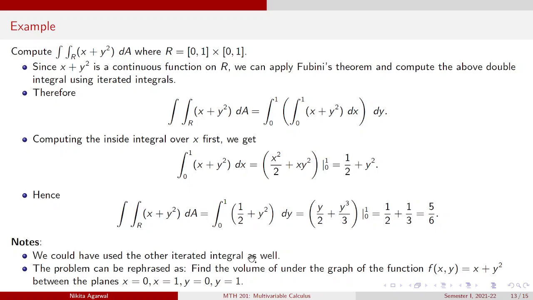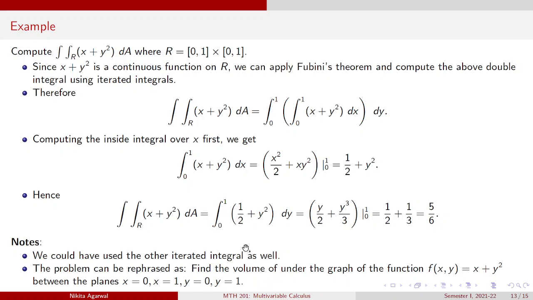So the question could also be rephrased as: find the volume of the solid under the graph of the function f(x,y) = x plus y square between the planes x equal to 0, x equal to 1, y equal to 0 and y equal to 1.